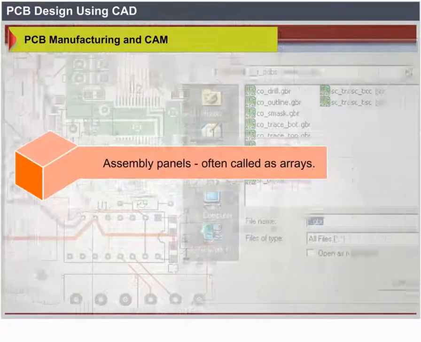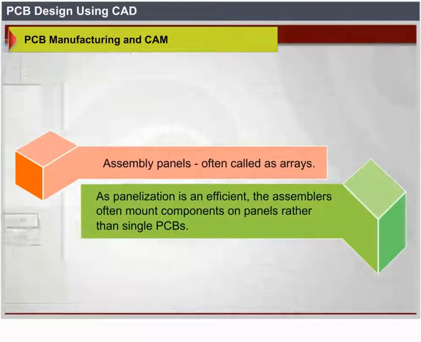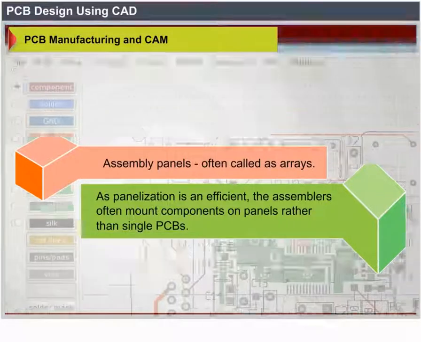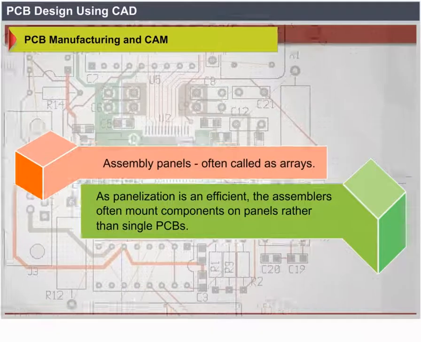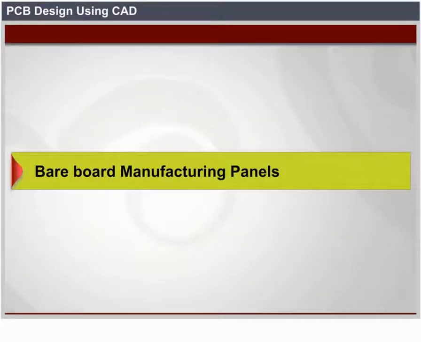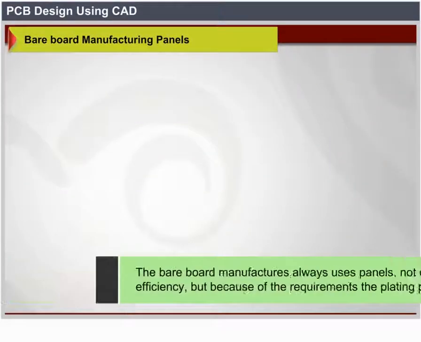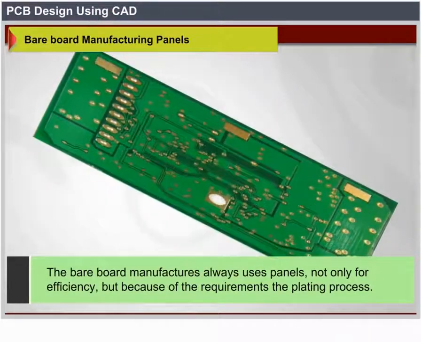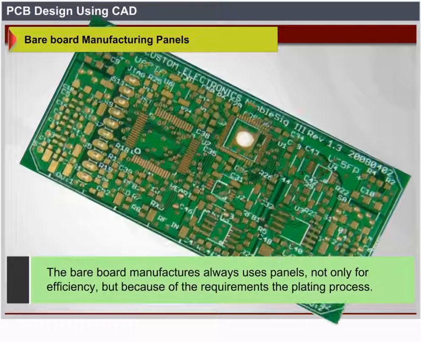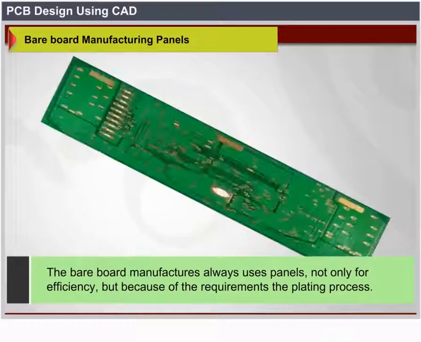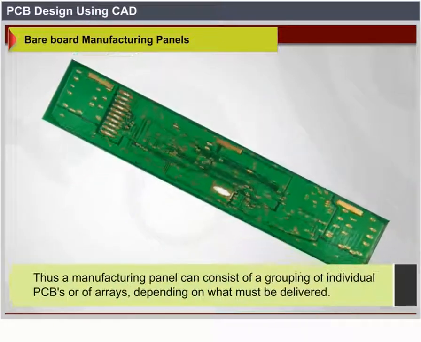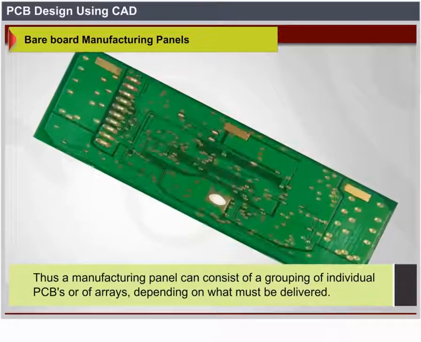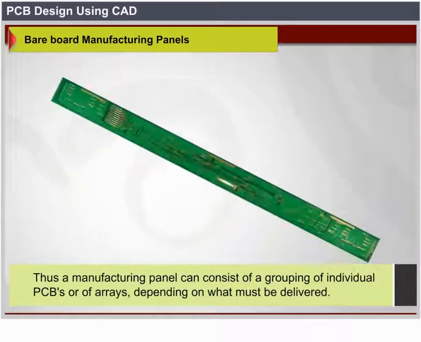The assemblers often mount components on panels rather than single PCBs because this is efficient. The bare board manufacturers always use panels, not only for efficiency but because of the requirements of the plating process. Thus, a manufacturing panel can consist of a grouping of individual PCBs or arrays depending on what must be delivered.